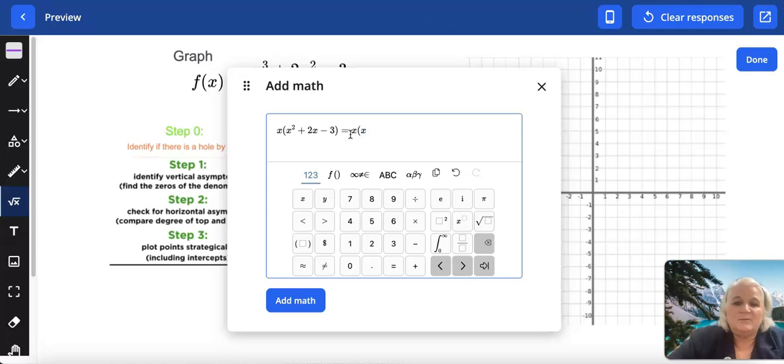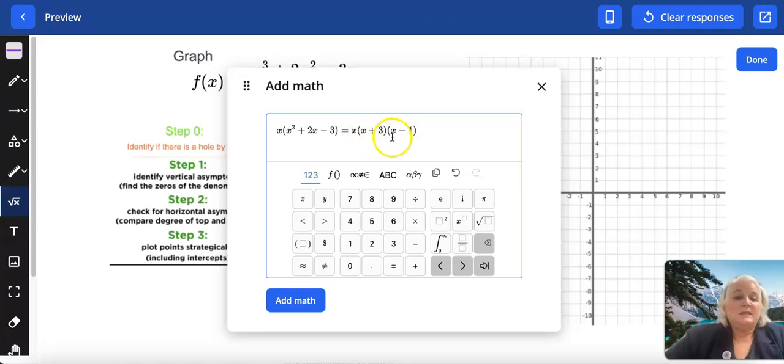Now I got to decide whether I have a minus or a plus. So I want a positive 2, and I know that the factors of 3 are 3 and 1, and 3 minus 1 gives me 2. So I want a plus 3 here, and then I want an x minus 1 in the second one. So factoring was done in IM2, so you might want to review factoring before you try this.